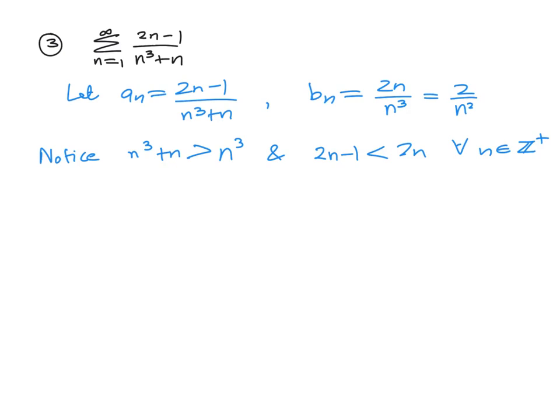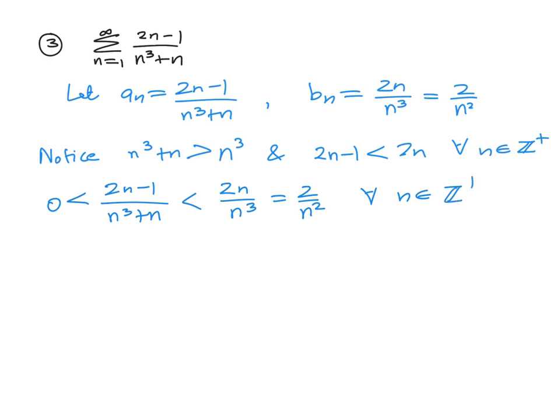Therefore, 0 is less than 2n minus 1 over n cubed plus n, which is less than 2n over n cubed, which is equal to 2 over n squared, for all n in Z plus.